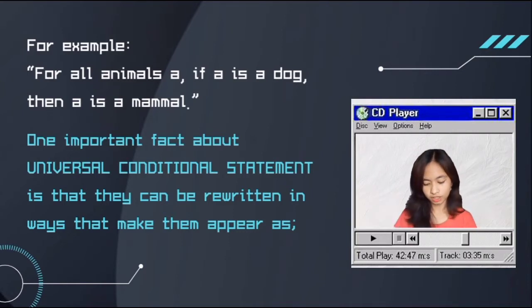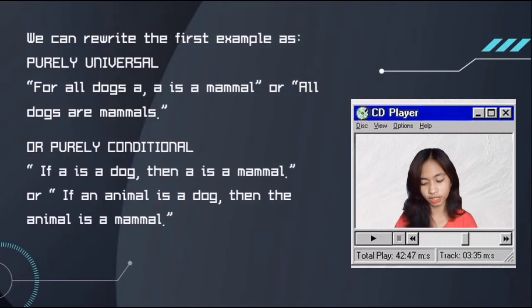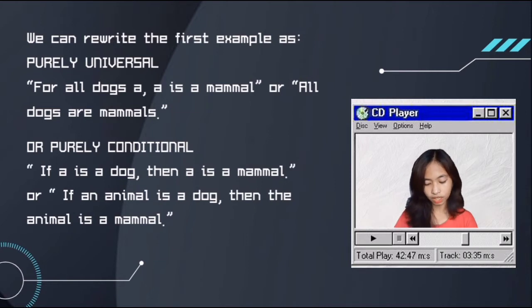Note that the most important fact about the universal conditional statement is that it can be rewritten in a way that can make it look like a pure universal statement. For example, for all dogs A, A is a mammal, or all dogs are mammals. We can rewrite the statement and make it look like a pure universal statement.